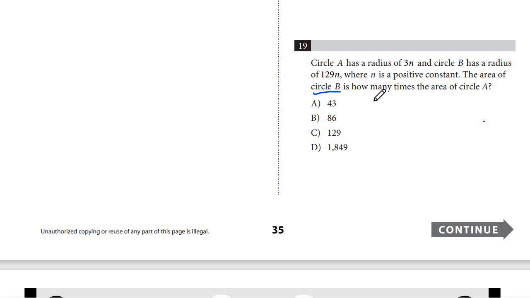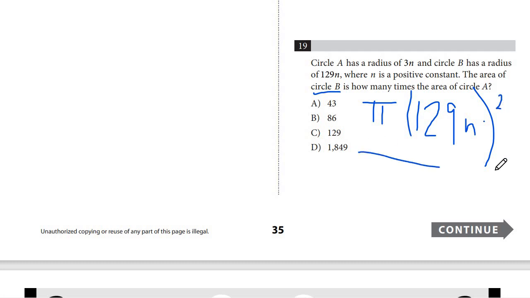Circle B is the big one, so the area is obviously pi r squared. So this is for circle B. And for circle A, we're going to get pi r squared, and the radius for the small circle is 3n.